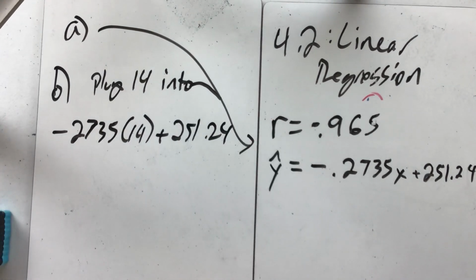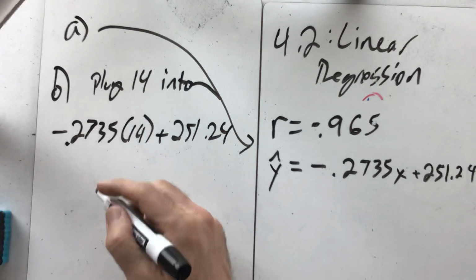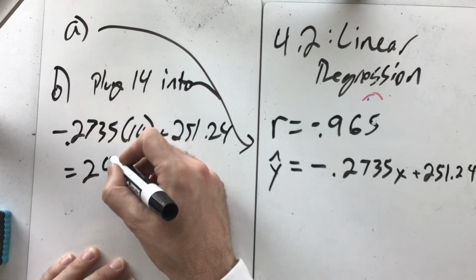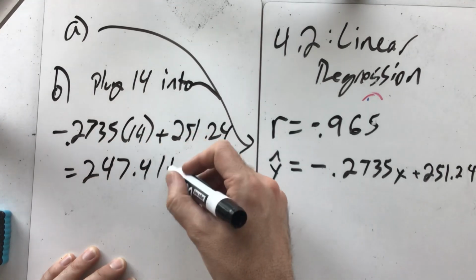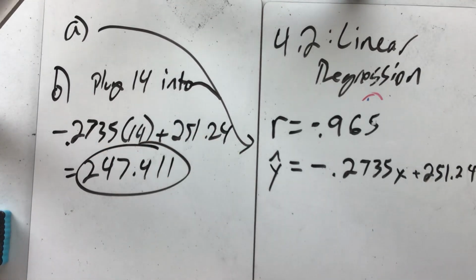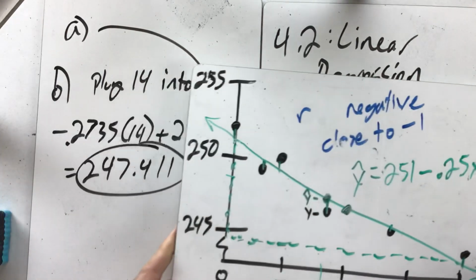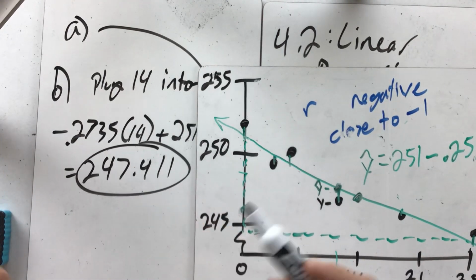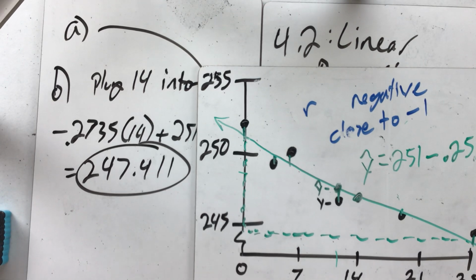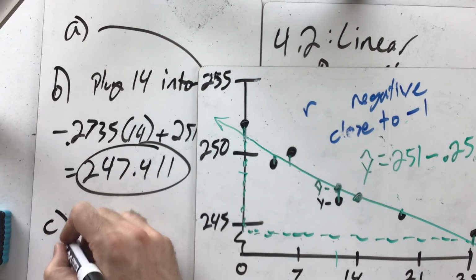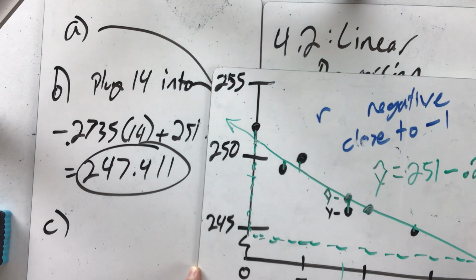And so I'll just plug it in, and I got 247.411. So that gives me a pretty good estimate. We don't know the actual weight on day 14, but we know that this is pretty close to the right answer. Part C, how much weight would you expect them to lose per day?